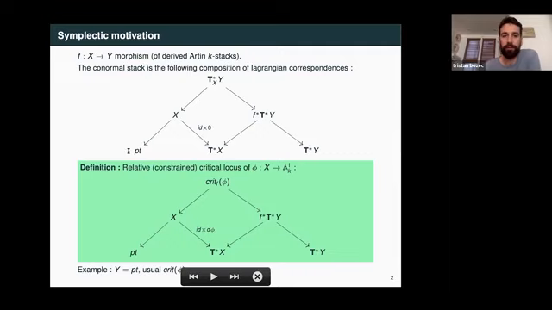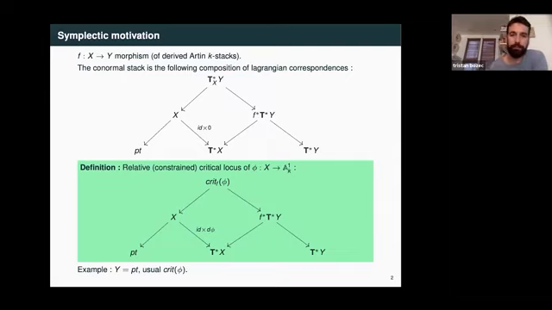The first one is just given by the zero section of the stack in its cotangent, and the other one is attached to my morphism F. The composition just means that we take the pullback here, and that's how I want to understand the conormal stack.